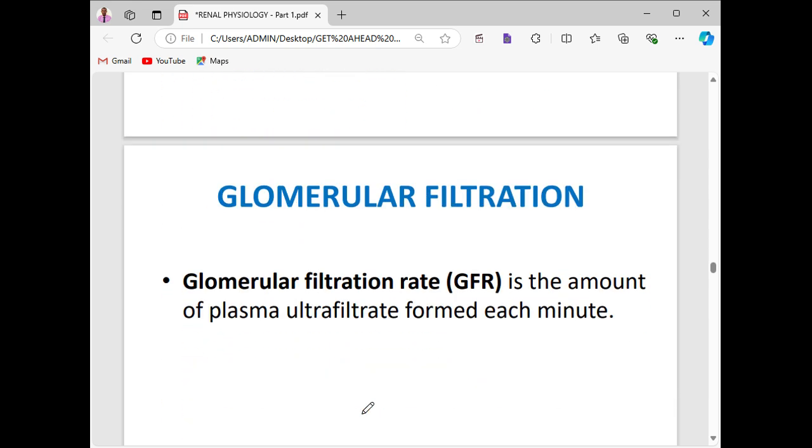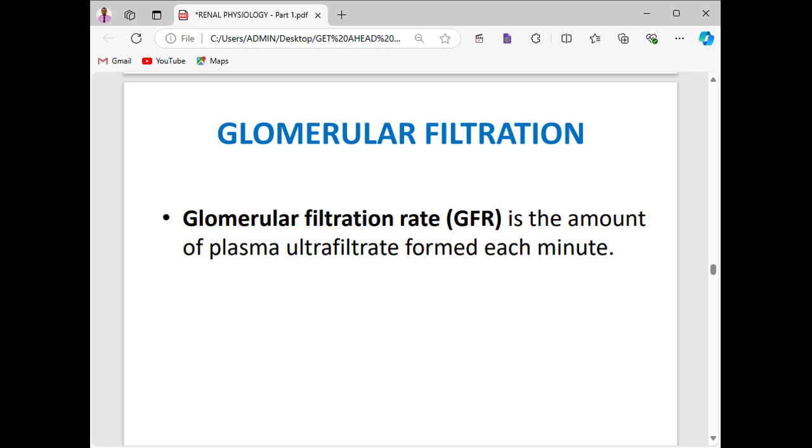Okay, so let's begin by talking about glomerular filtration. When we talk about glomerular filtration, this is just the amount of plasma ultrafiltrate which is formed each minute. What happens is that blood is normally filtered while passing through the glomerular capillaries by the filtration membrane.